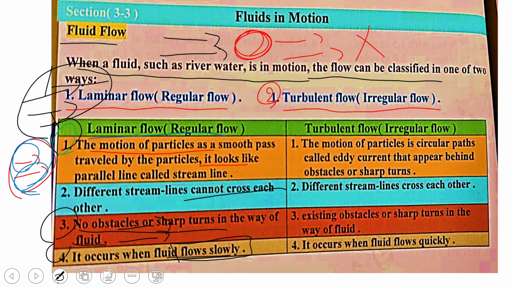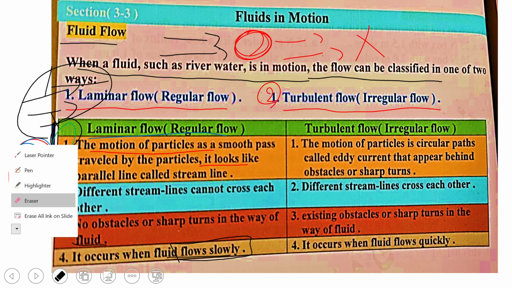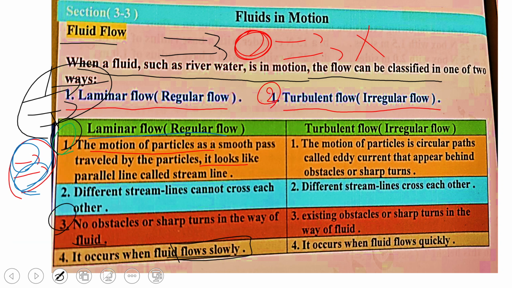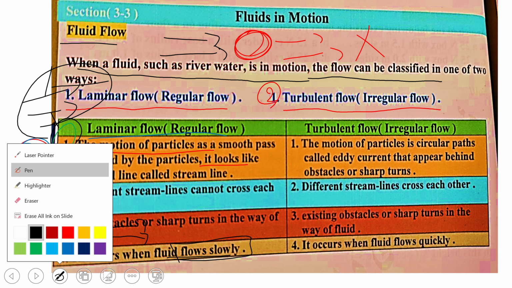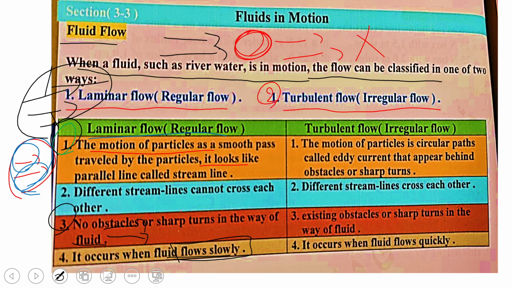Guys, imagine, concerning property number 3, the water is moving like that, in a straight line. Imagine I throw a rock or something inside the water, and the rock comes here. Immediately the water has to change direction, because I threw the rock inside the water. There's something on the way.